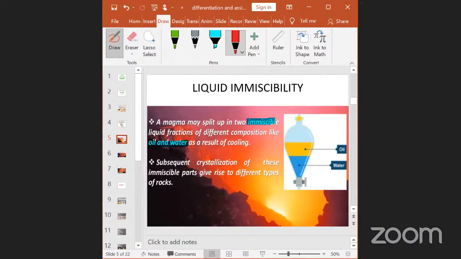A mixture of two different compositions may be homogeneous at high temperature, but with falling temperature both of them become immiscible. So a magma may split up into two immiscible liquids like oil and water, and it gives rise to different kinds of rock.